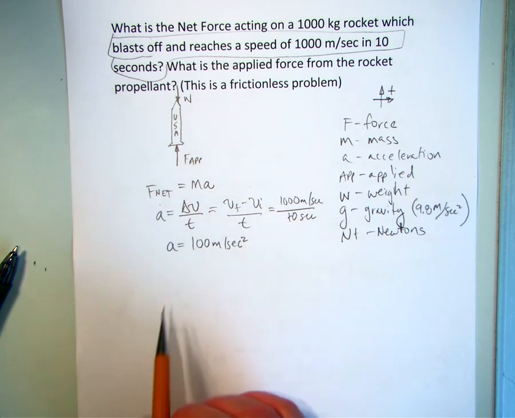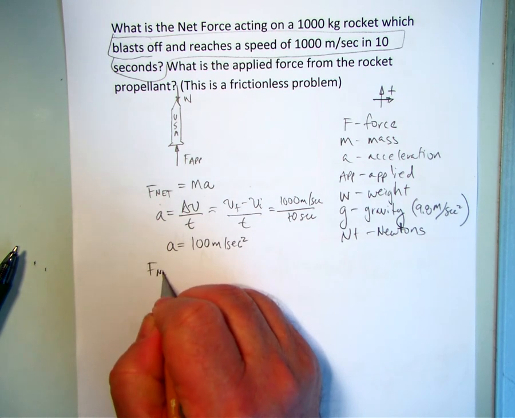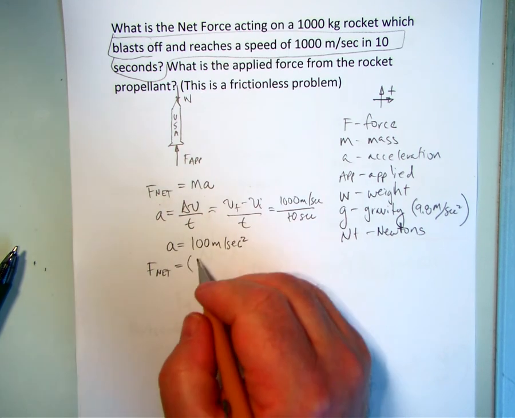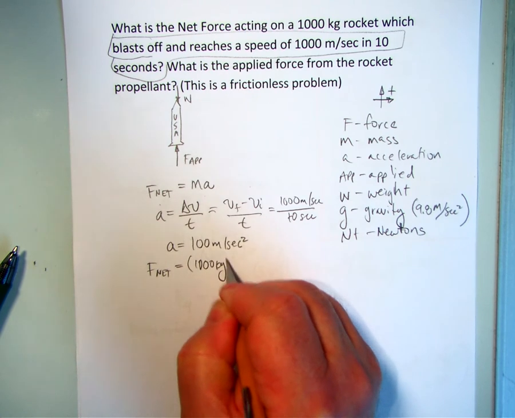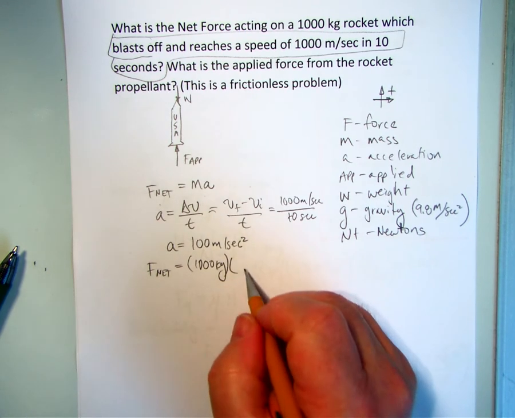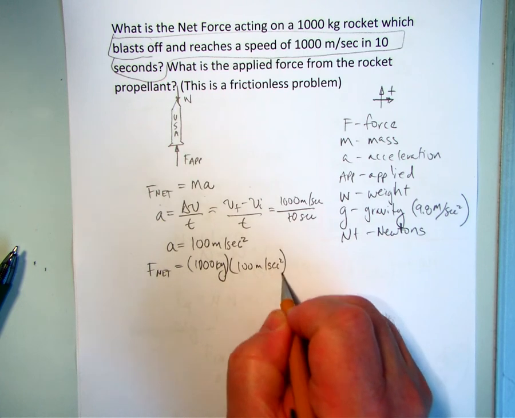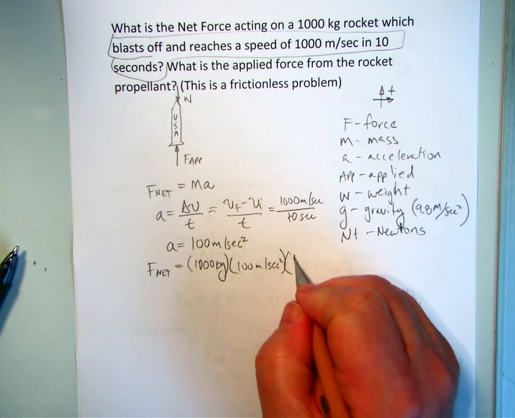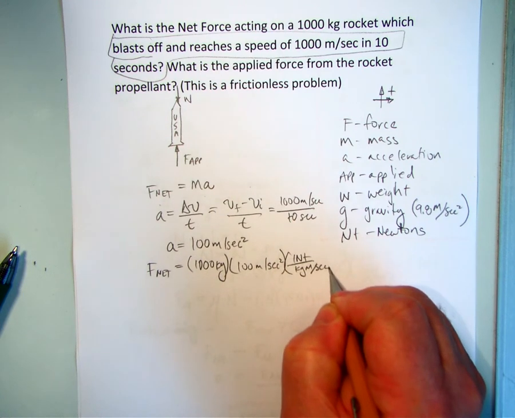So we know the net force is equal to mass times that: 1,000 kilograms times 100 meters per second squared, times the conversion factor of 1 newton is a kilogram meter per second squared.